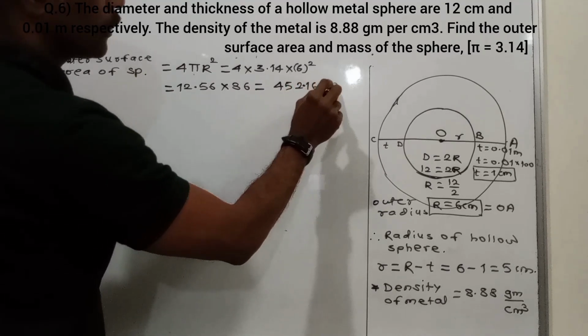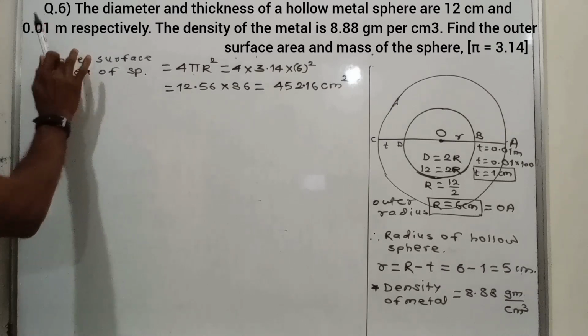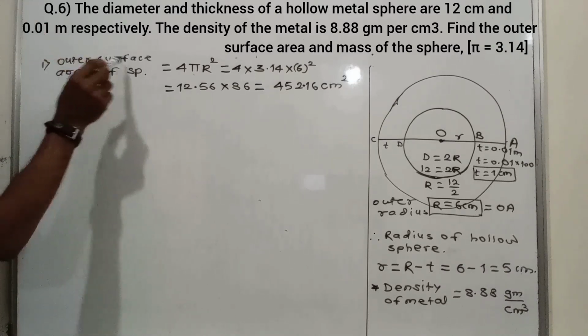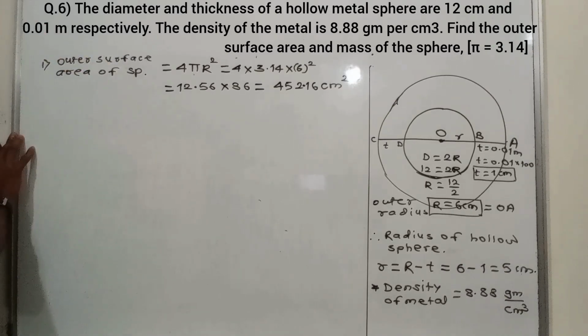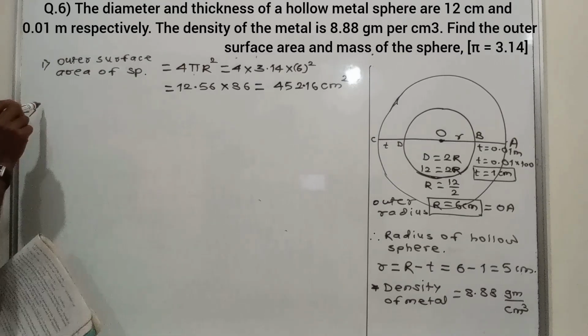Okay, centimeter square. This is the outer surface area of sphere.